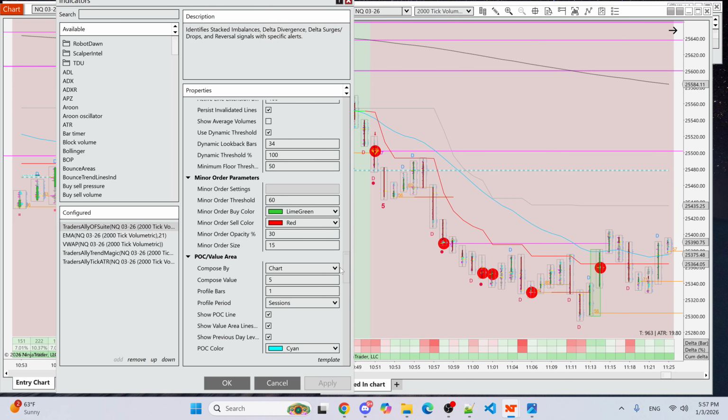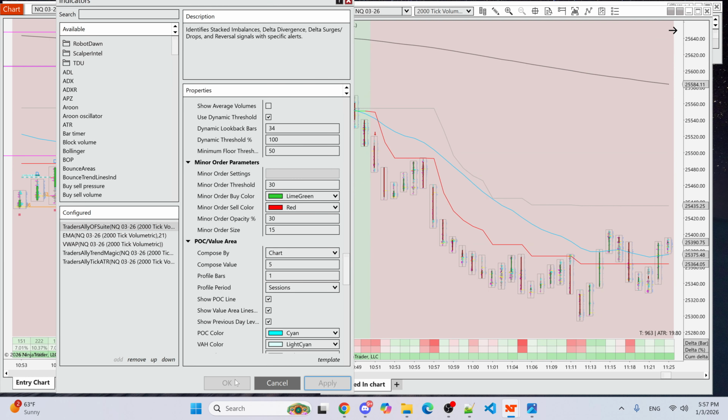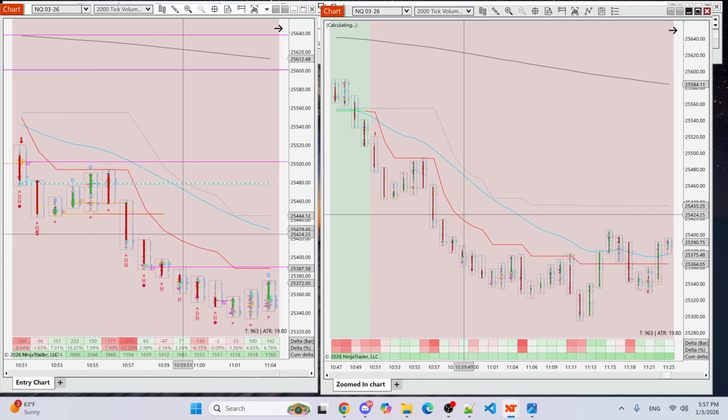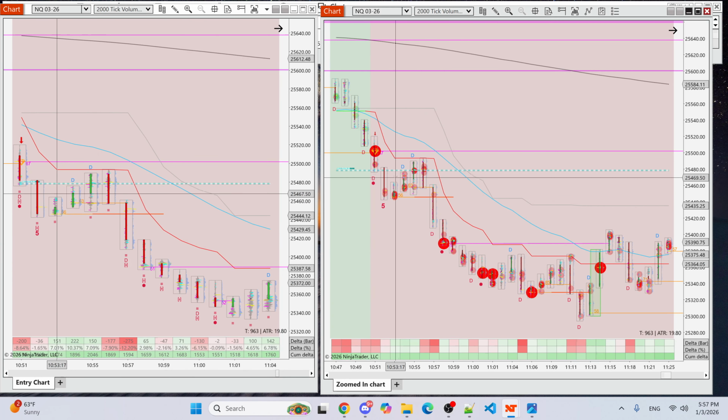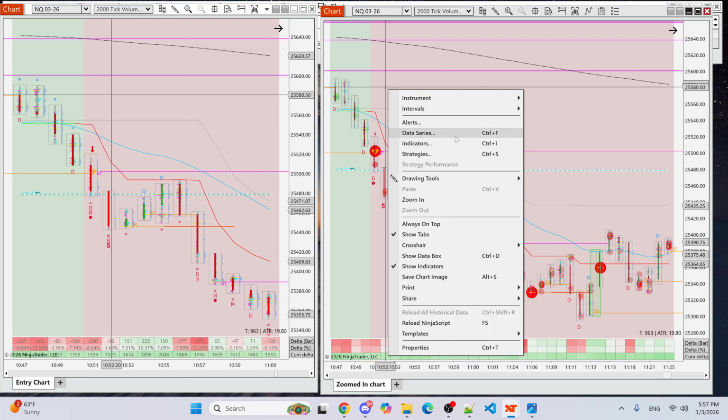So we could come back here to minor orders and we would place, let's say, 30 here. And we would define minor order size as 15. And I believe we should get more circles that way. See, all this represents minor orders.